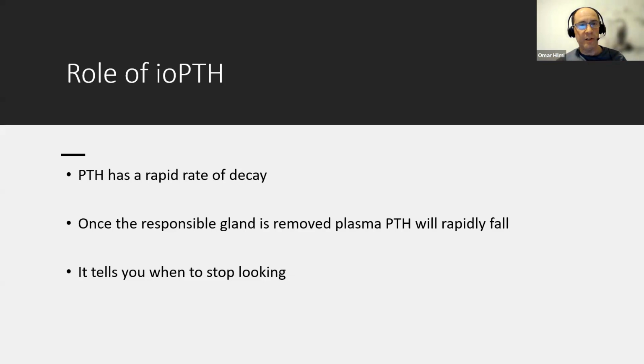So the role of IOPTH can be in the form of either confirming that the single gland you've removed is the responsible one, or if you're doing a four-gland exploration, it can tell you that the one that you think is the most abnormal is truly the most abnormal, and you don't need to deal with anything further. Now, there are other roles for IOPTH, but we're not going to be going through these today.